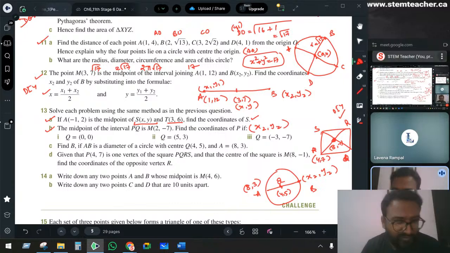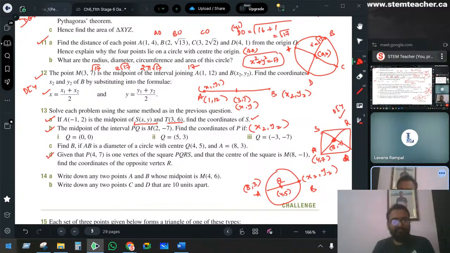Can you read this question? Given that P (4, 6) is one vertex of the square PQRS, and that the center of the square is M (8, minus 1), find the coordinates of the opposite vertex R. So is there any center of a square?